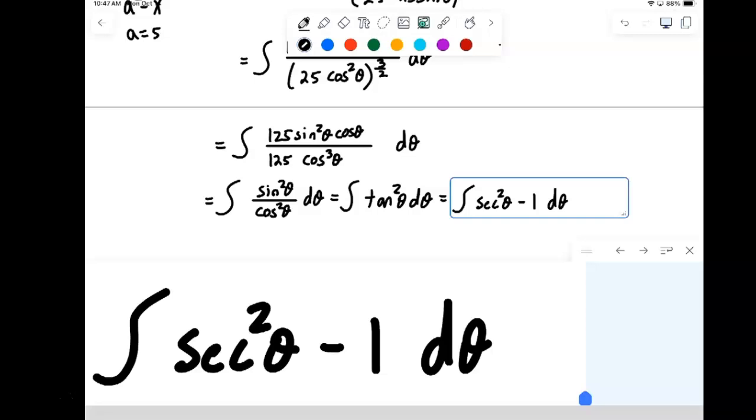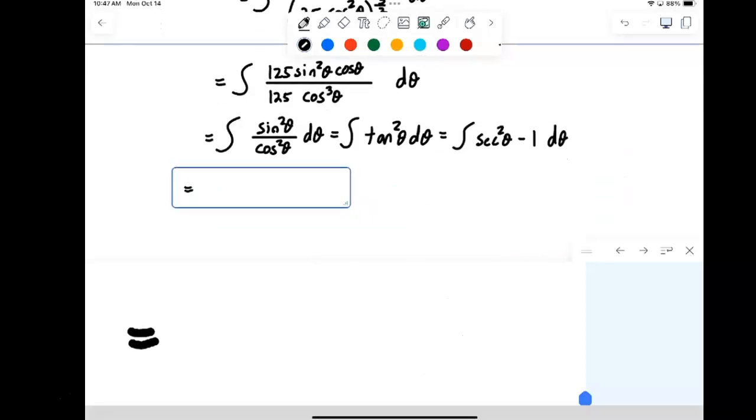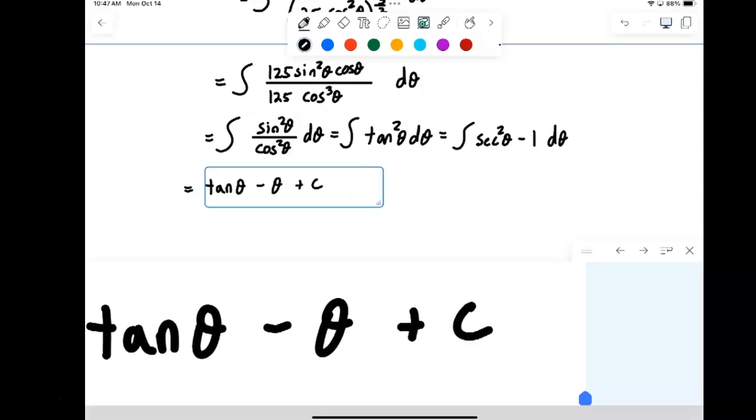Tangent squared is secant squared minus 1. Remember, 1 plus tangent squared equals secant squared. So tangent squared is secant squared minus 1. And then we can do the integral of secant squared. That's just tangent. We can do the integral of 1. That's just theta plus the constant.